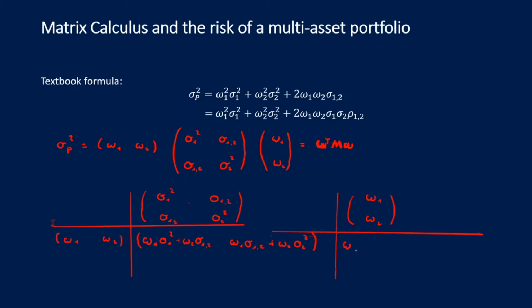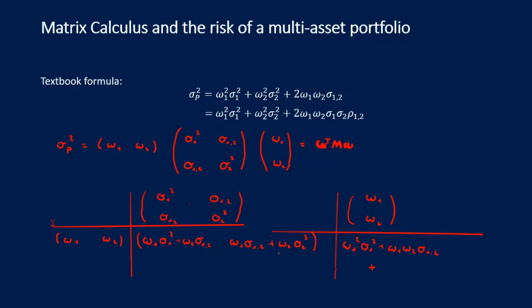That will be W1 squared sigma 1 squared plus W1 W2 sigma 1 2. So this times this is this. And now plus, I have to write it underneath, I'm sorry.